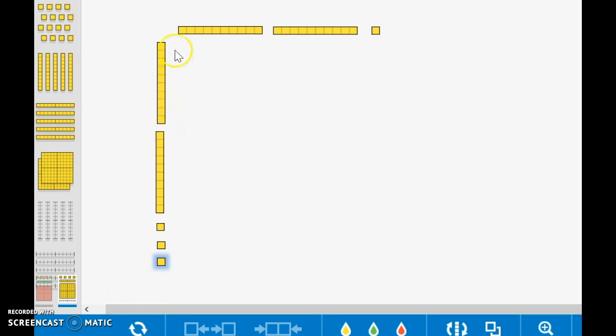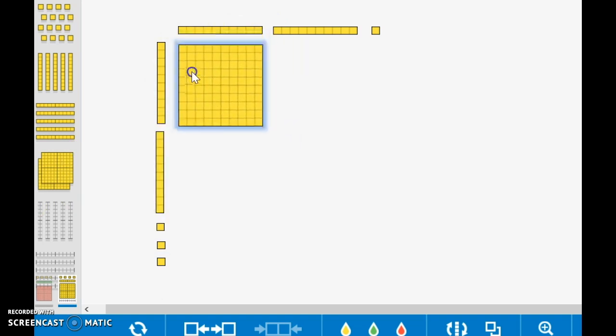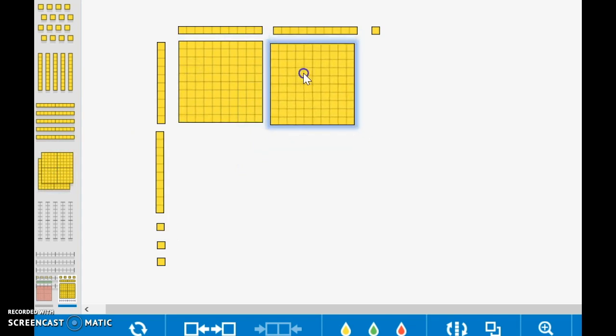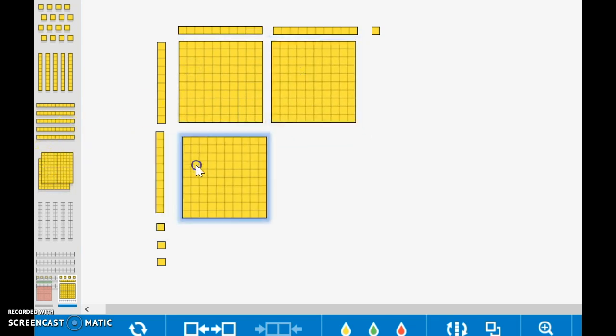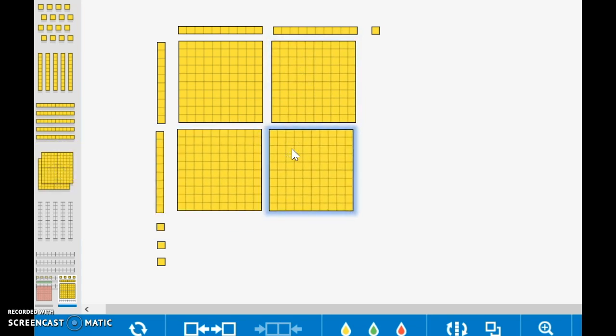Well, if I have 10 times 10, well, that's going to give me 100. So I need to fill in my rectangle here. Okay, so now I have this 10 times this 1. So to fill in this piece of the rectangle, I'm going to need some tens pieces.